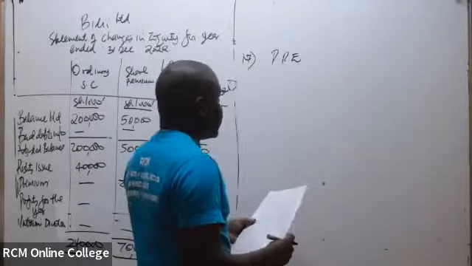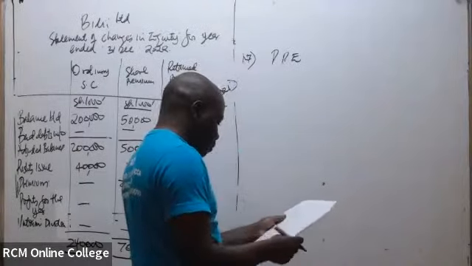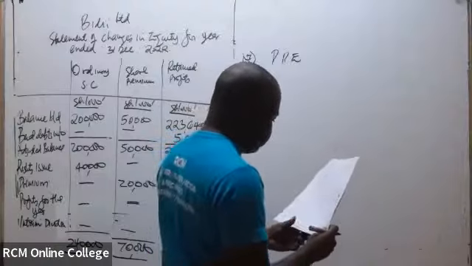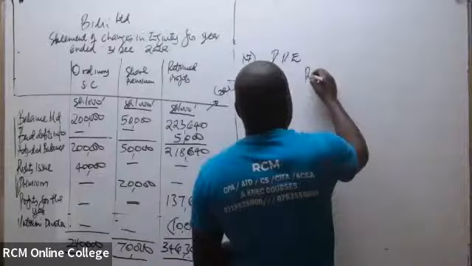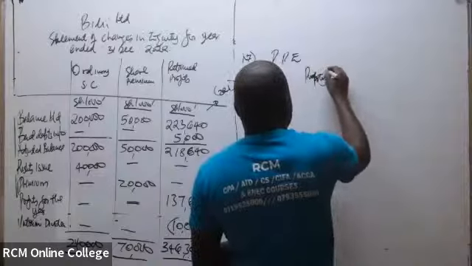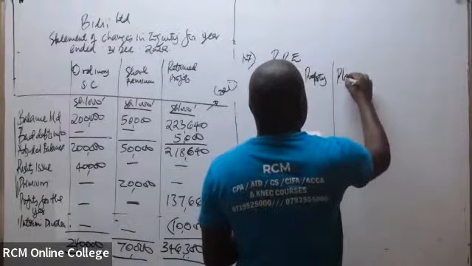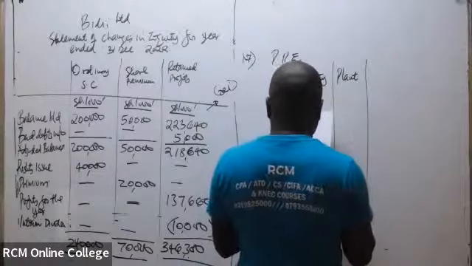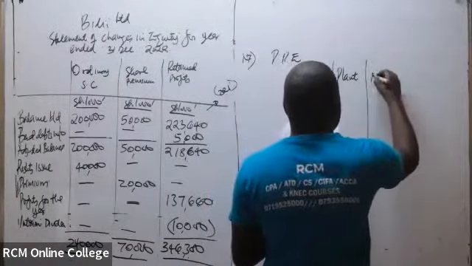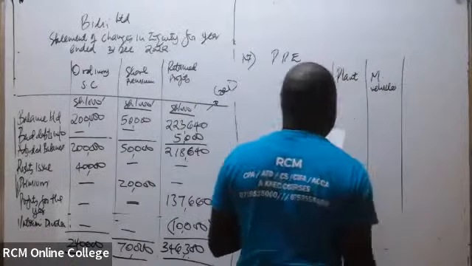So in this case, we'll have to identify what we have as property, plant, and equipment. We have property, including buildings. We have plant. We have motor vehicles.